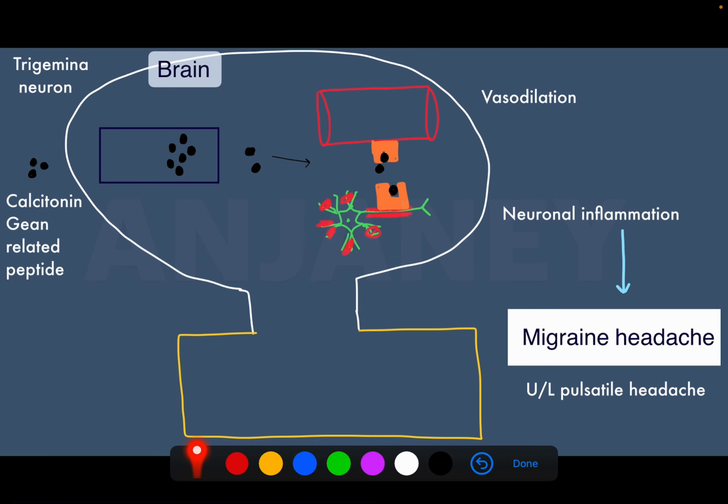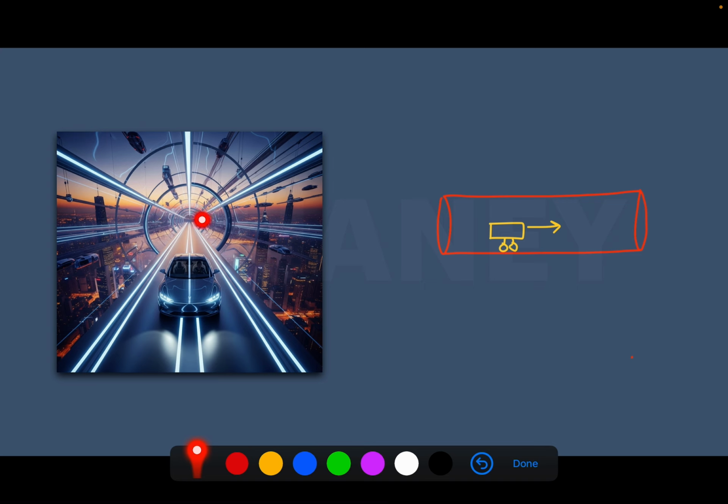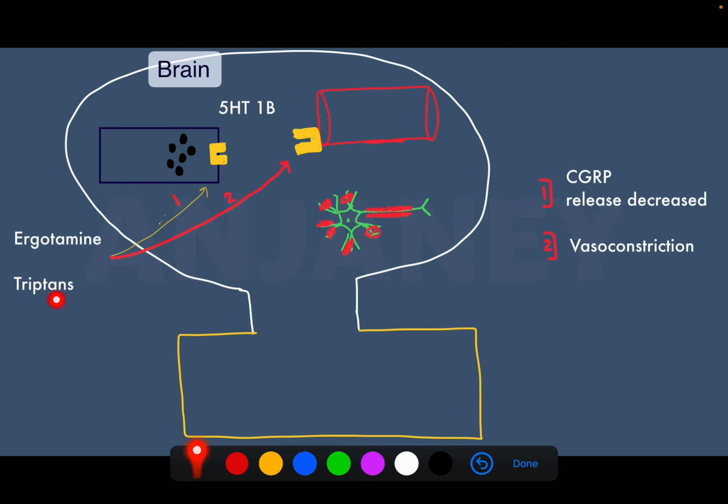So now what drug are we giving? For the drug you have to remember this image. See, the car is going for a trip inside this blood vessel. So we have triptans or ergotamine. Triptans are the main drugs, ergotamines are also used. Here we are lucky that in the blood vessel and the trigeminal neuron we have the 5-HT1B receptor.